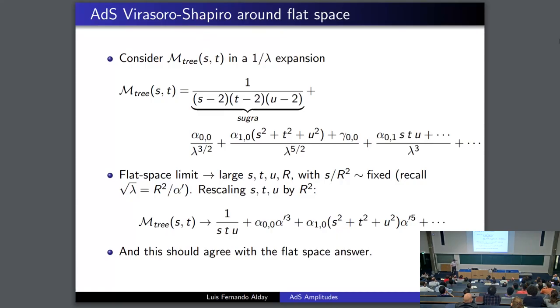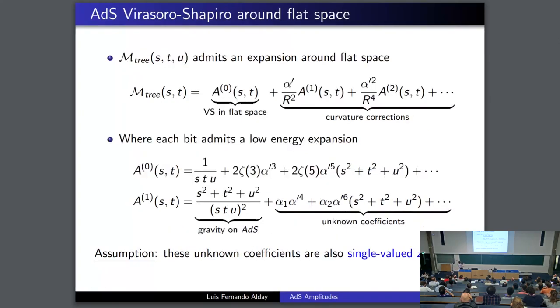Okay? More generally, we can now rewrite this AdS amplitude in a different expansion, where we write it as the Virasoro-Shapiro amplitude in flat space, plus a series of curvature corrections. Okay? So we write this expression in a 1/r expansion.